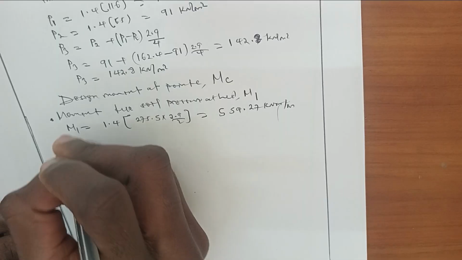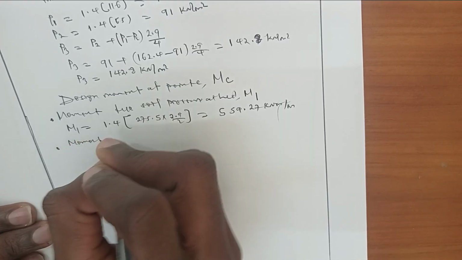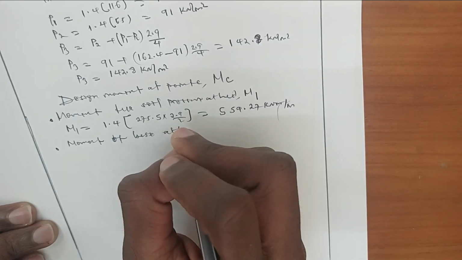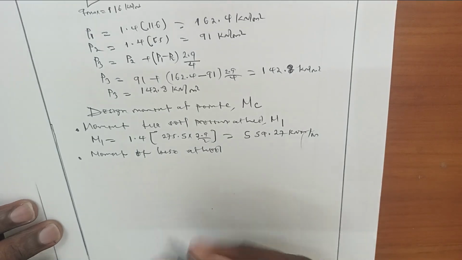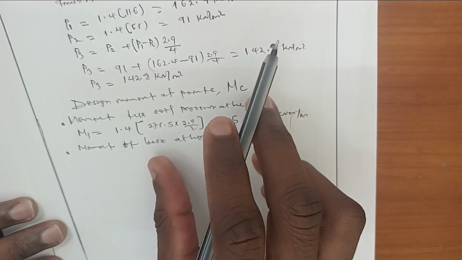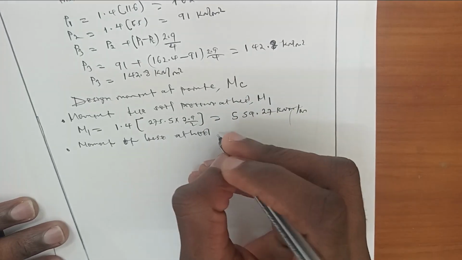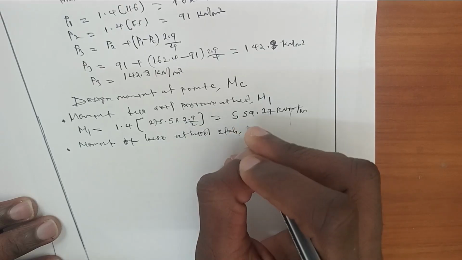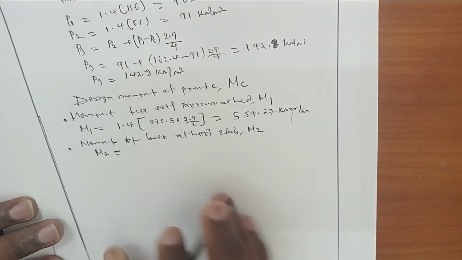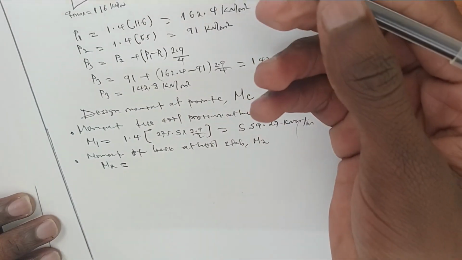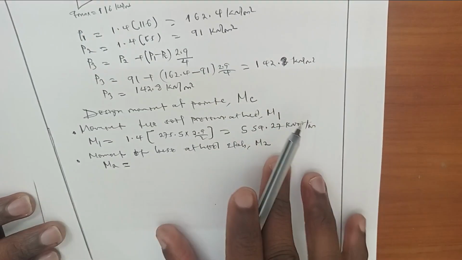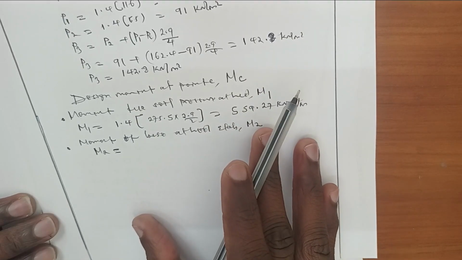The next moment is the moment of base at the heel slab, the design moment for the base at the heel slab. Let's say this is moment 2. This moment 2 is obtained by taking that this heel slab acts as a cantilever, which is fixed at the stem, with uniform distributed load.